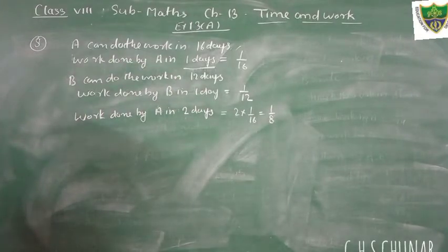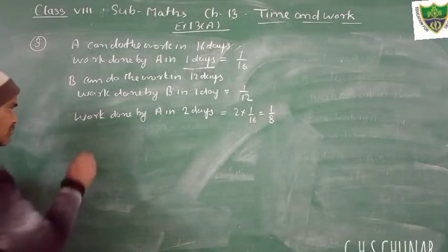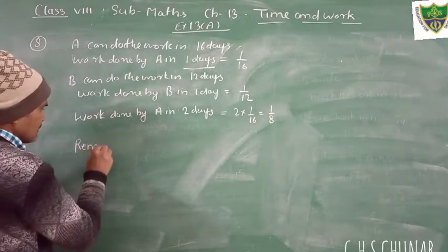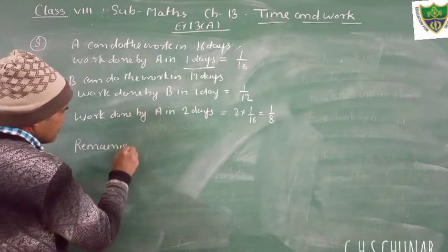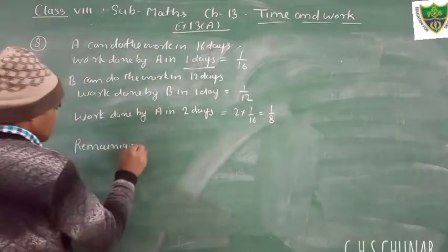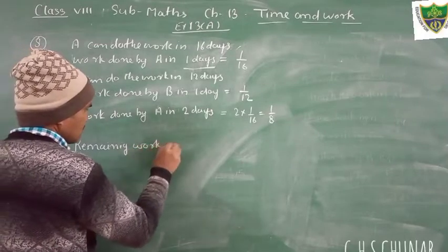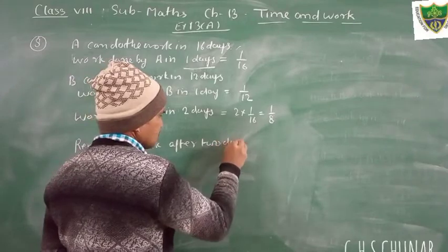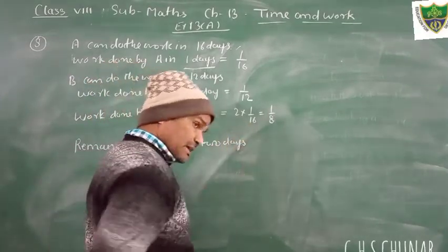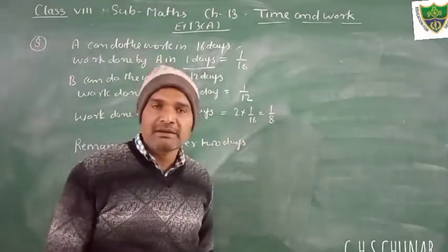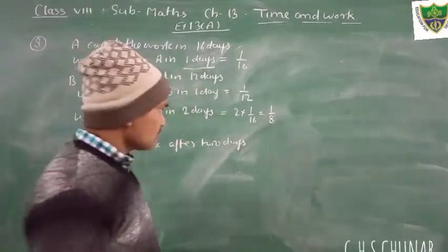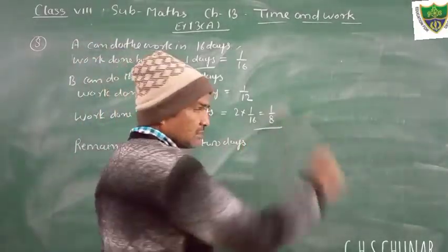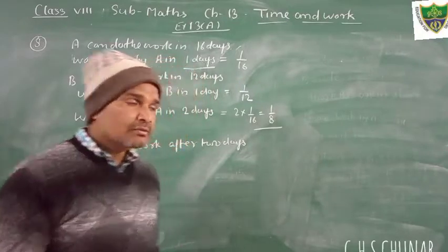Now we join B. A and B work together. Now what is the remaining work? The remaining work after 2 days is the part of work which is done by A and B together. 1 upon 8 work A has done alone.